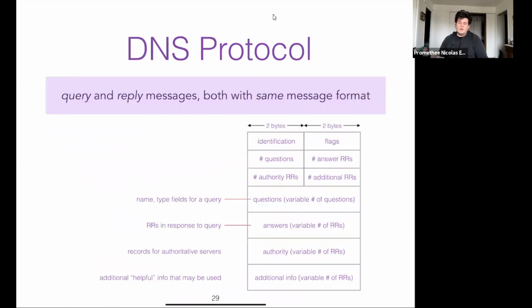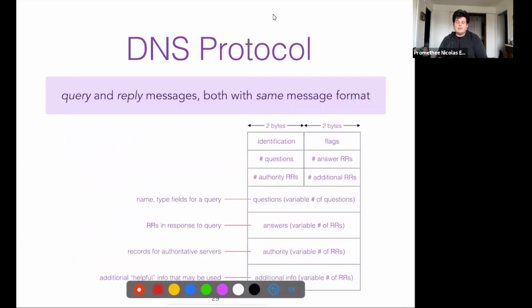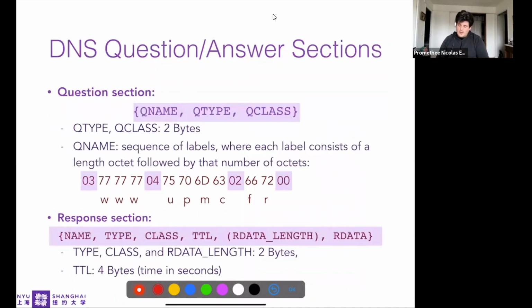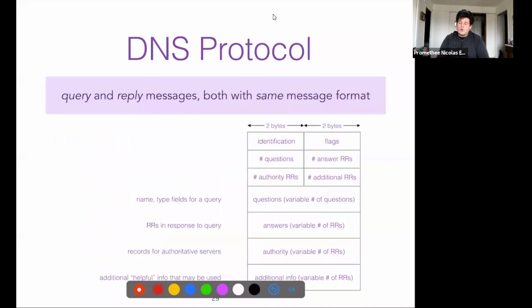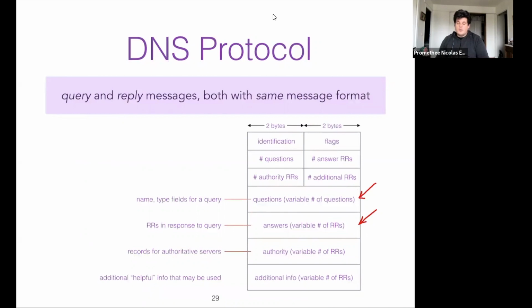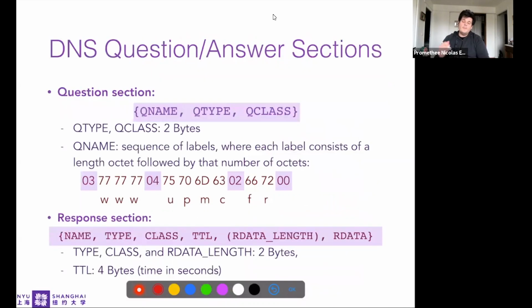We're going to see the details during the lab next week, don't worry. I give you some further details here that you may read. But anyway, you have the question section and the answer section, with a specific structure to provide the information that you need to request. When you have a query, it goes as follows.